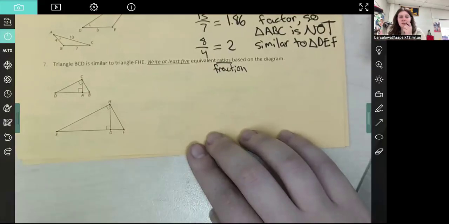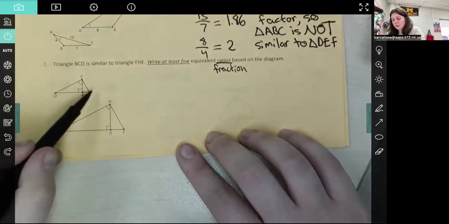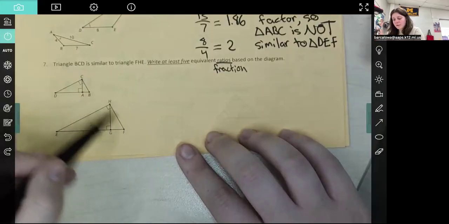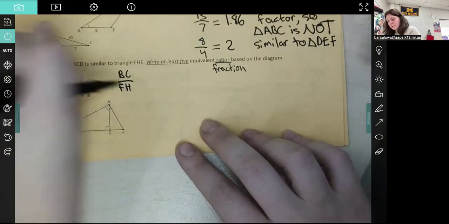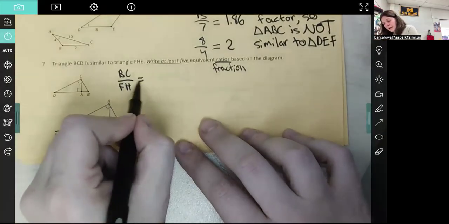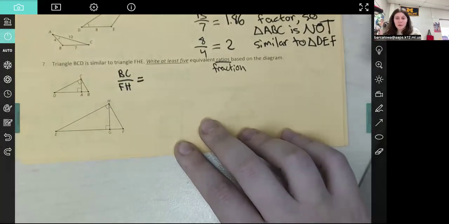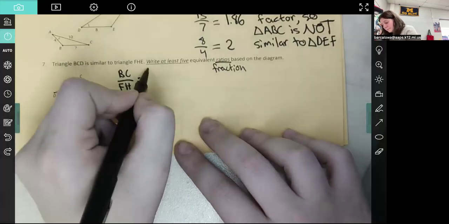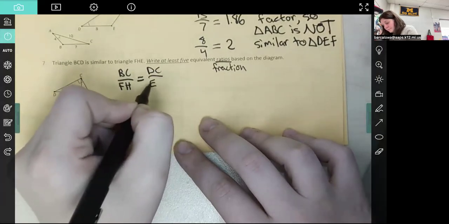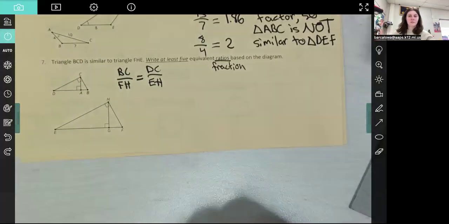So let's do one together. Okay. Well, BC and FH, those are corresponding sides. So BC over FH has to be equal to, let's pick another pair of corresponding sides, DC and EH. Okay, so there's one.